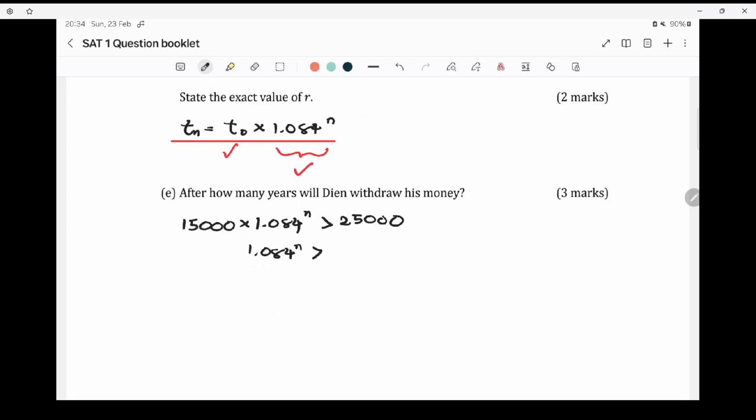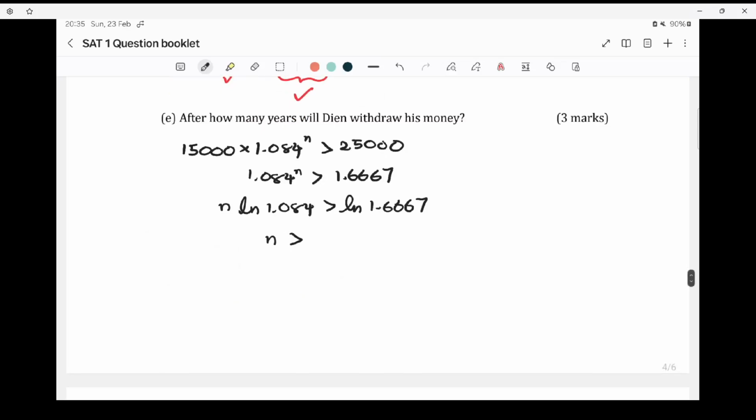So that will be 1.6667, taking the natural logarithm on both sides. So n will be greater than ln 1.6667 divided by ln 1.084.